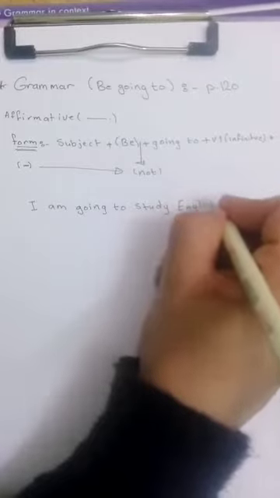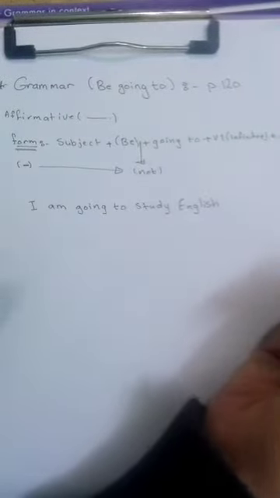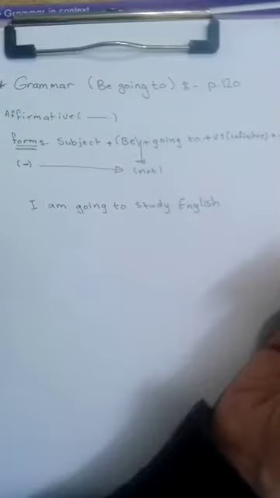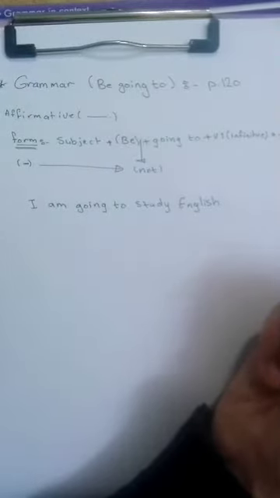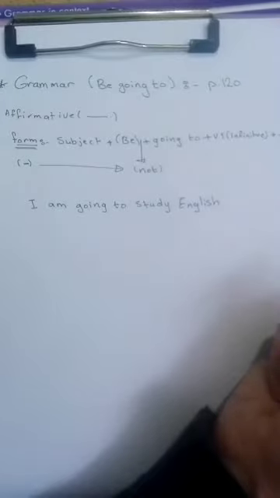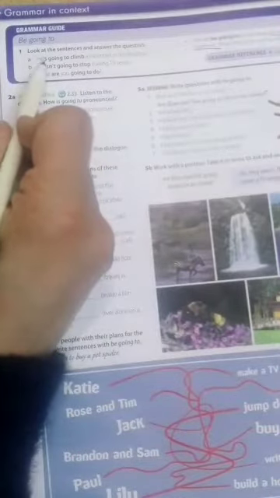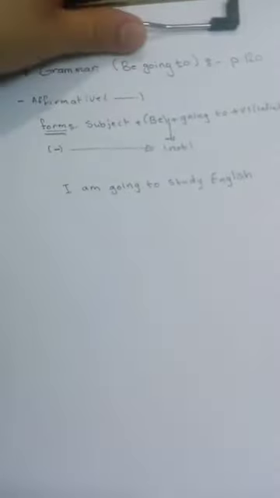This is a sentence that tells us that I have a plan in the future to study English. As you can see here, what did I use with the pronoun I? I used am. And in this example, what did we use? We used is. So what are the verbs to be that we use with the pronouns?